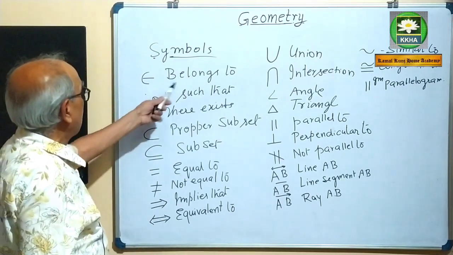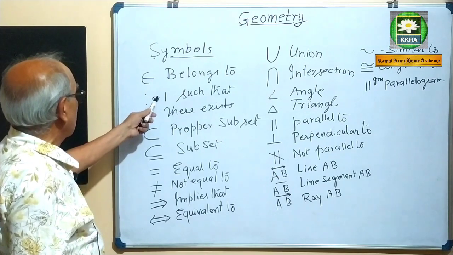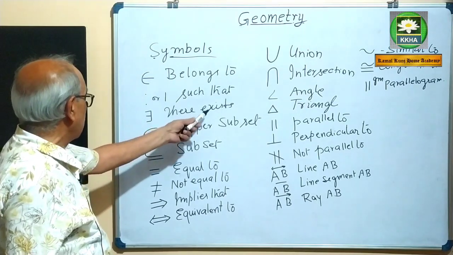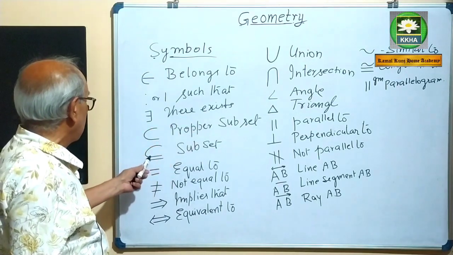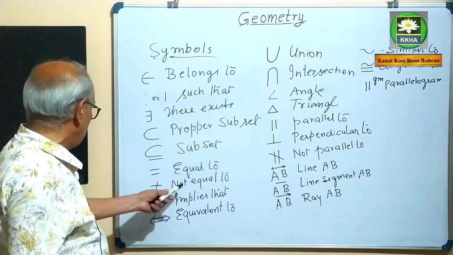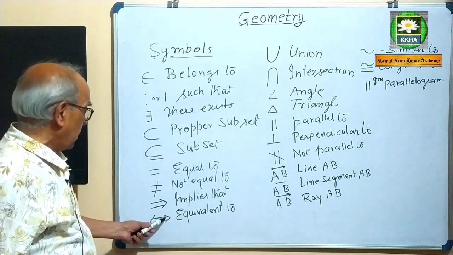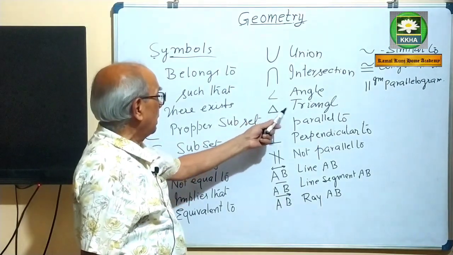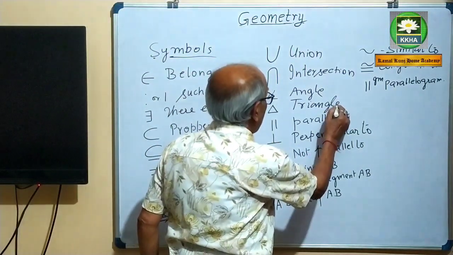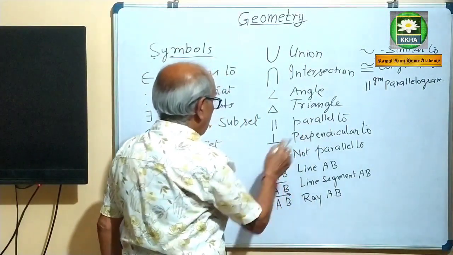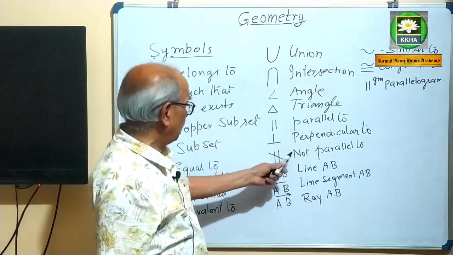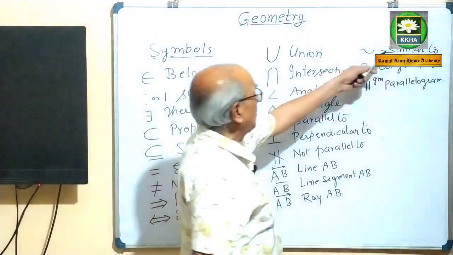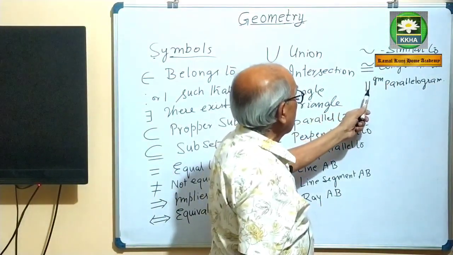This is belongs to, two vertical dots or vertical line such that, this symbol for there exists, proper subset, equal to, not equal to, implies that, equivalent to, union, intersection, angle, triangle, parallel to, perpendicular to, not parallel to, line AB, line segment AB, ray AB, is similar to, congruent to, this is for parallelogram.